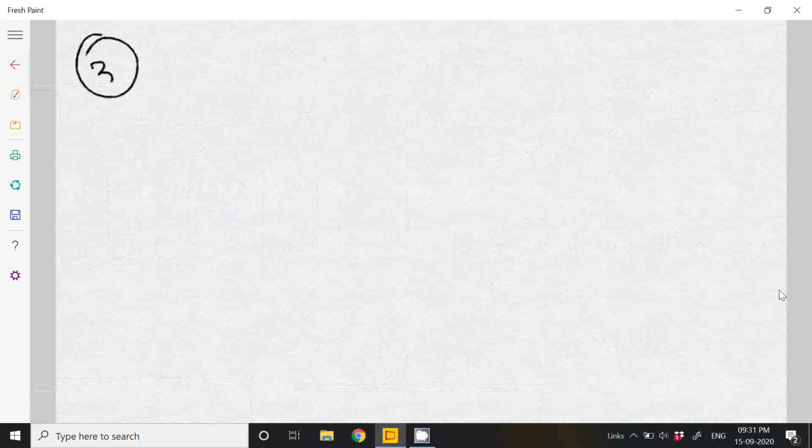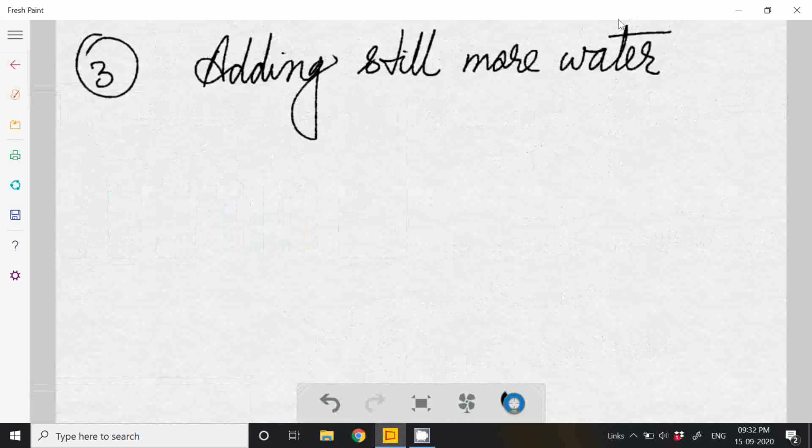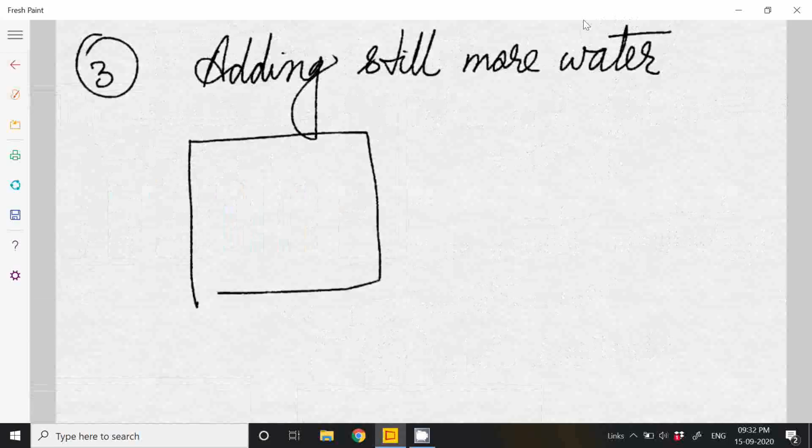Part 3, adding more water. If we add still more water, then what will happen? The water will start to replace the soil particles. That means if this is the soil, the water will try to take more space, and the soil particles will again get separated from one another.